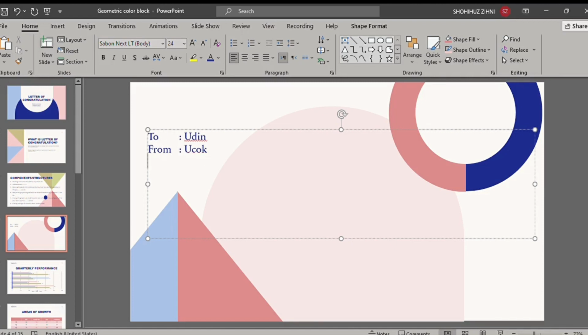Then here you write the address of the receiver. For example, the address is in Kota Gede, Yogyakarta, DI, Daerah Istimewa Yogyakarta. If there is a post number, you can write the post number here. And then you can write the subject of the letter.